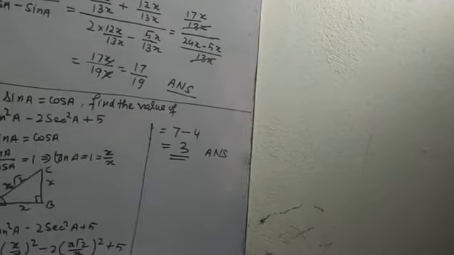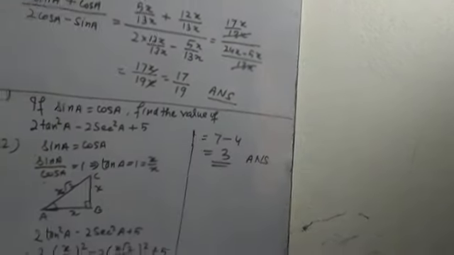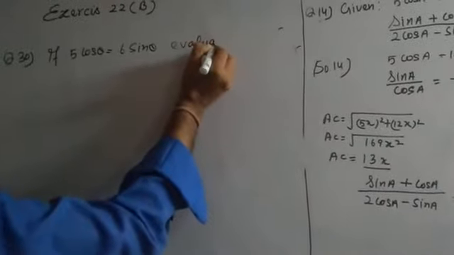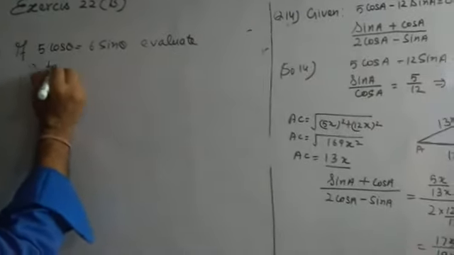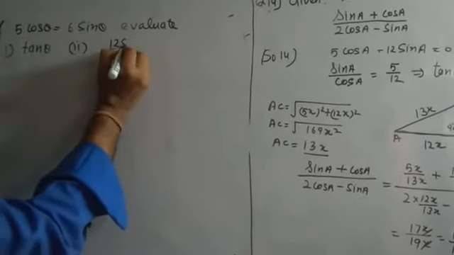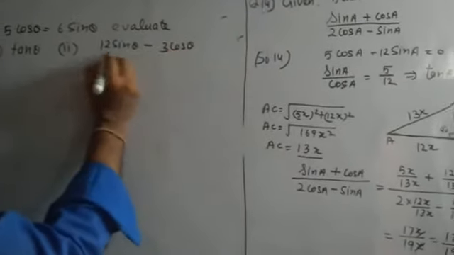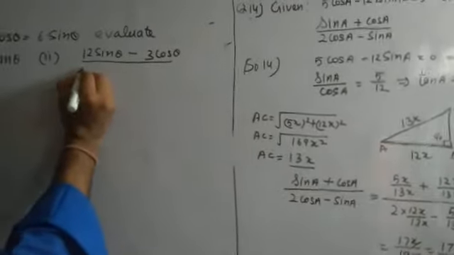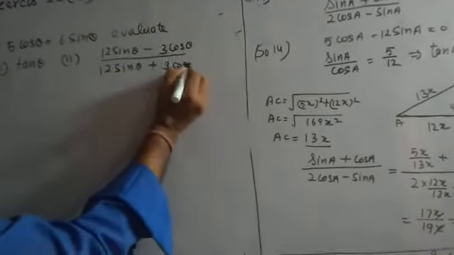Question 30. If 5 cos theta equals 6 sin theta, evaluate first tan theta, second (12 sin theta minus 3 cos theta) upon (12 sin theta plus 3 cos theta).